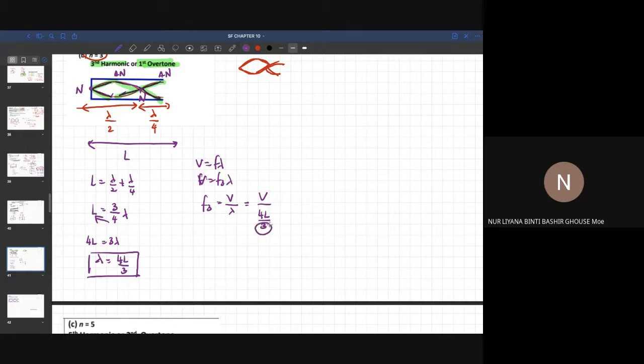So 3 ini kita akan bawa ke atas. So F3 akan equals to 3V over 4L. So this one is untuk yang third harmonic ataupun our first overtone untuk close end pipe.